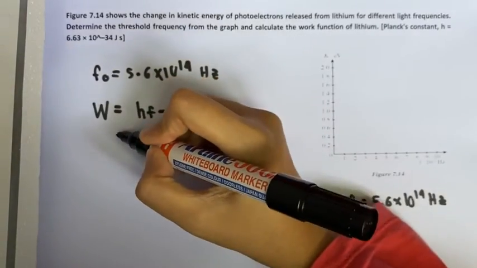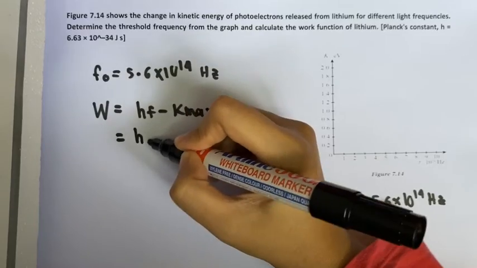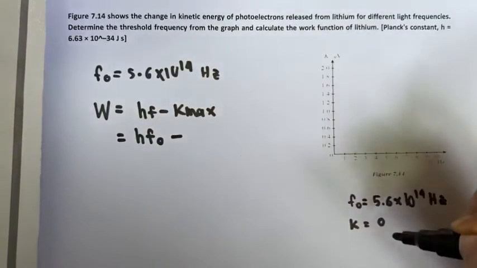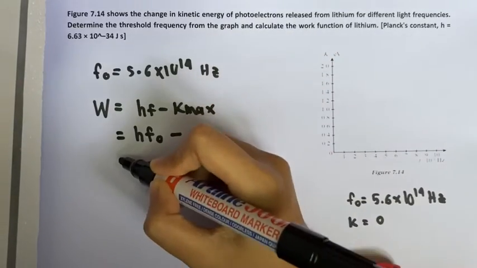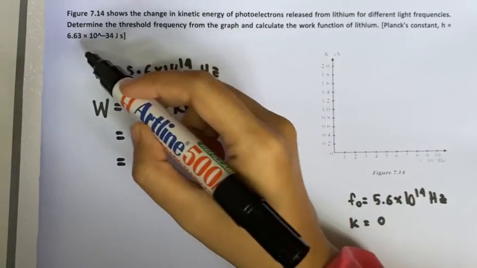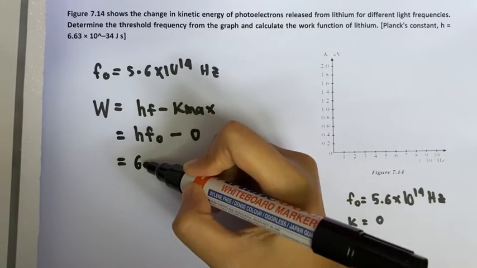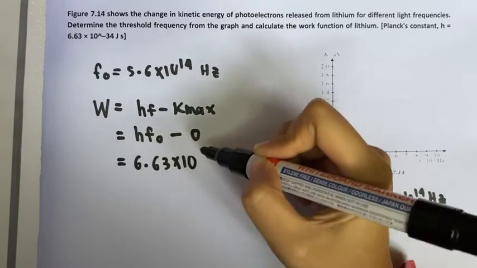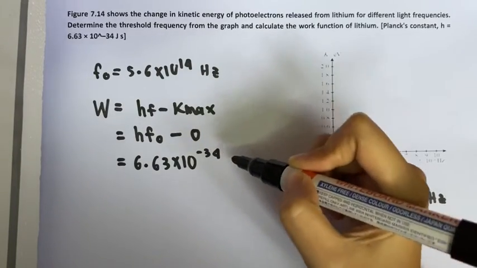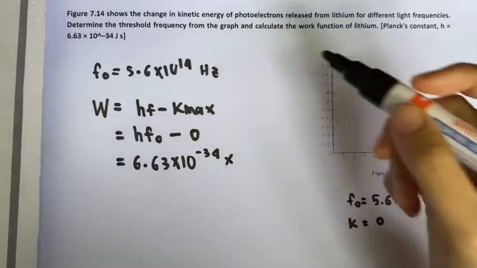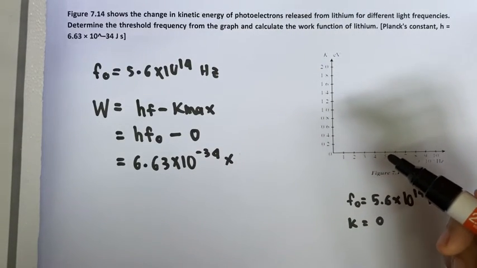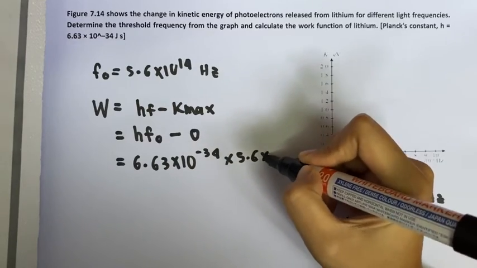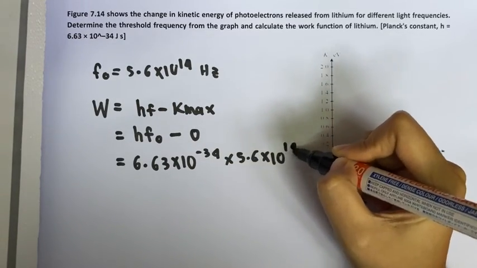So we substitute here H times F naught, the threshold frequency, minus Kmax, which is equal to 0. H is 6.63 times 10 power of negative 34 times the threshold frequency that we identified from the graph given, 5.6 times 10 power of 14.